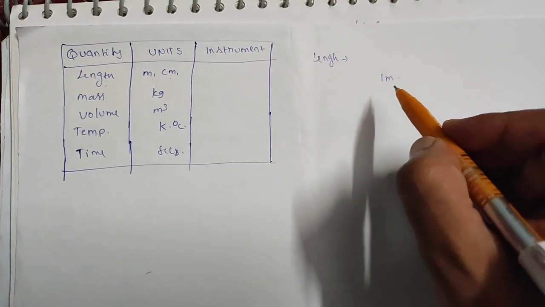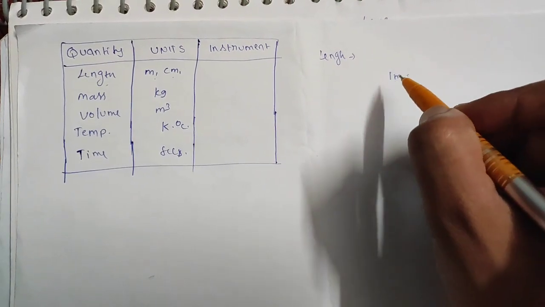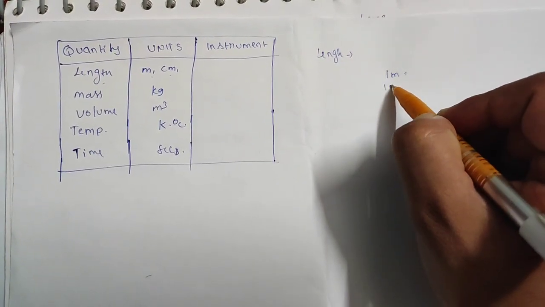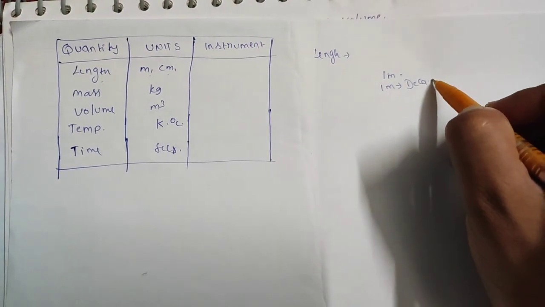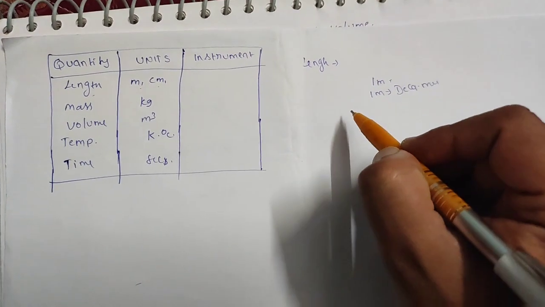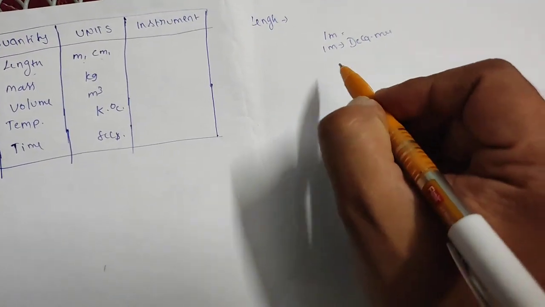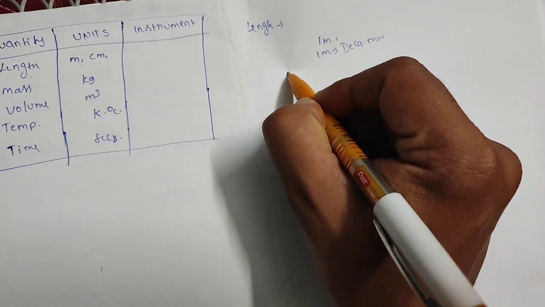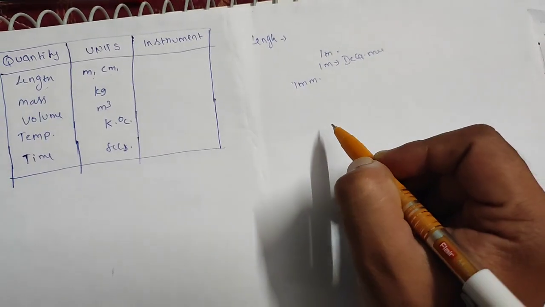And this 1 meter, after 1 meter we will be having decameters. Like how it will be, I will show you. Let's see. First, mm will be there. 1 mm will be there.